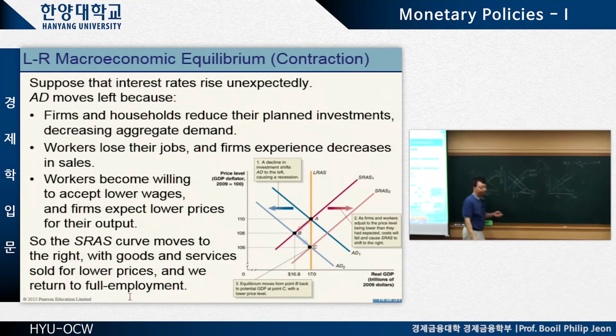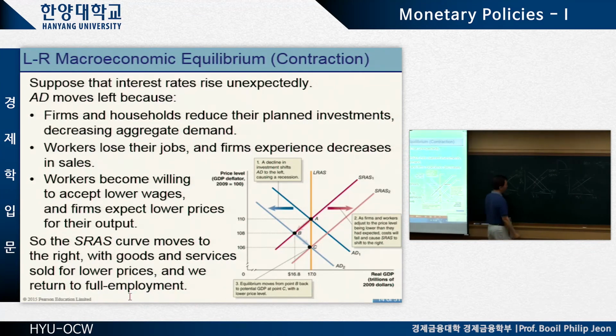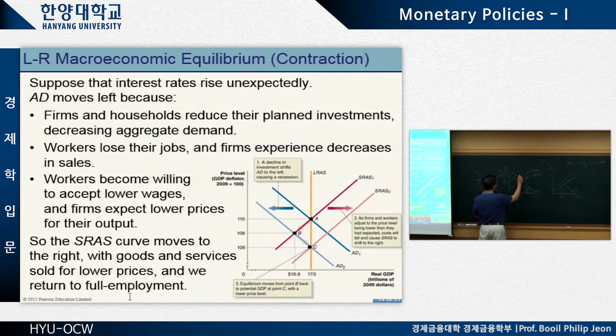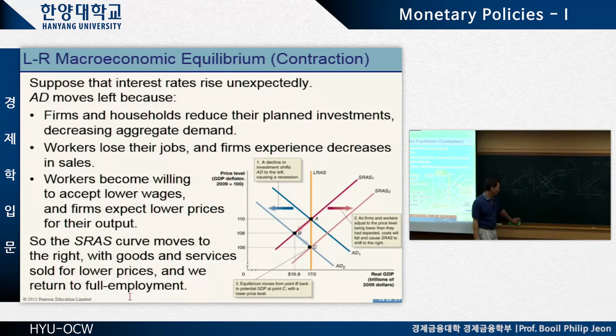So we're going to move from this point to this point. The initial equilibrium was here. Temporarily we will be here at E1, but eventually we're going to move to this point, and then stay there. That will be the final adjustment, right?